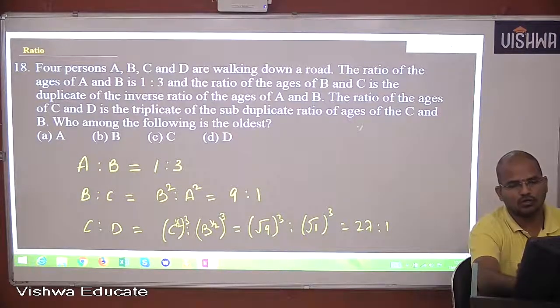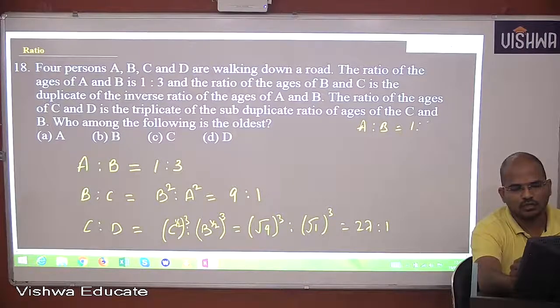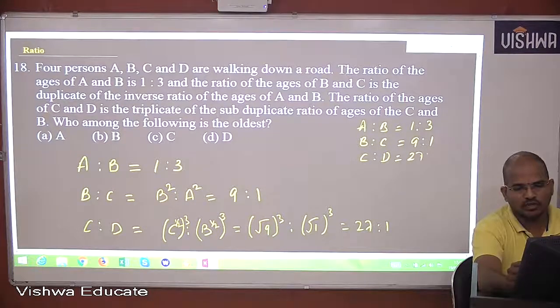So you got AB as 1:3, BC as 9:1, CD as 27:1.